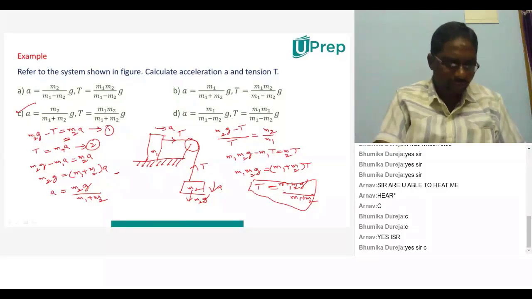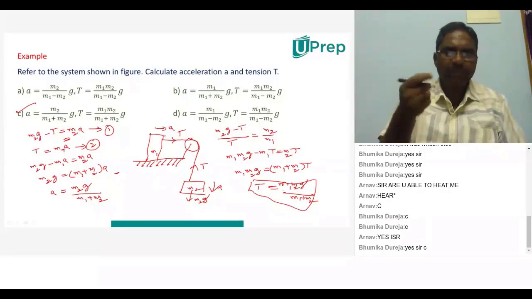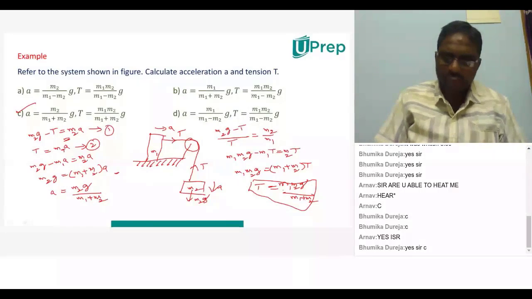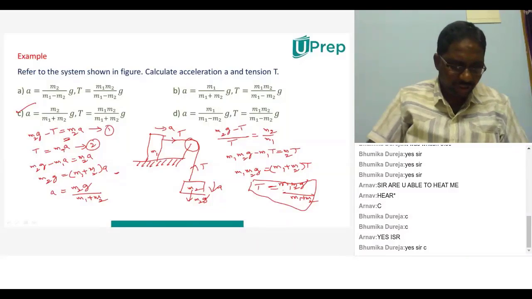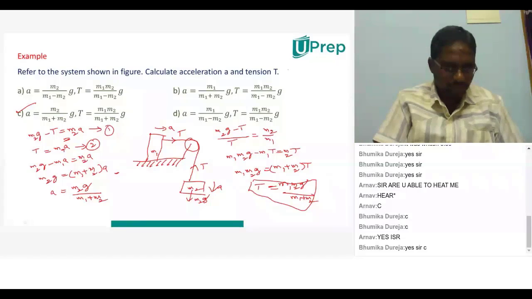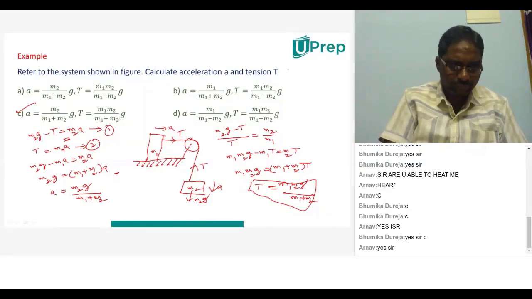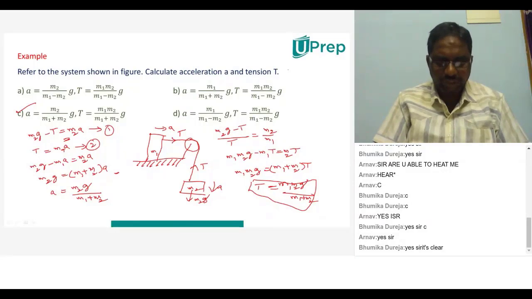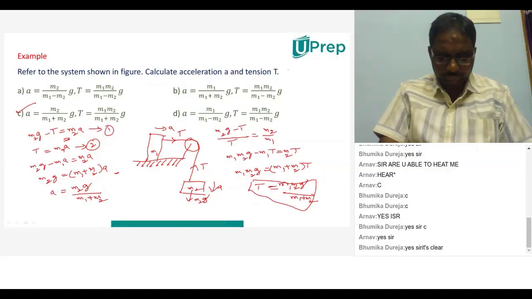I hope you understood everything here. It seems to be a little bit complicated, but if you understand it, it will be easy. Isn't it? Can you hear me or not, Arnav and Bhumika? Let us wind up as early as possible. Is it clear now for you, Arnav?